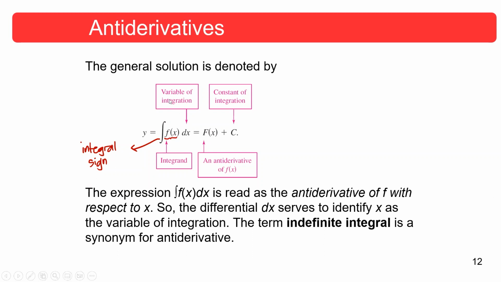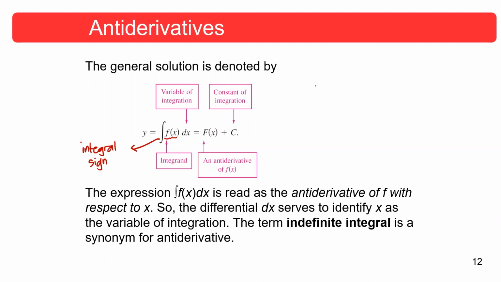The dx is the variable of integration. So you know that when you're integrating, it's with respect to the variable x. Now, the capital F of x is one of the antiderivatives. That's why it says an antiderivative of the small f. The c, again, is the constant of integration.